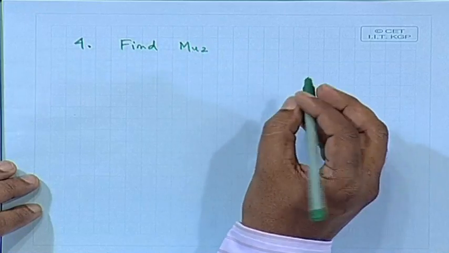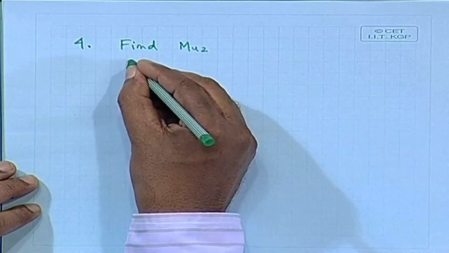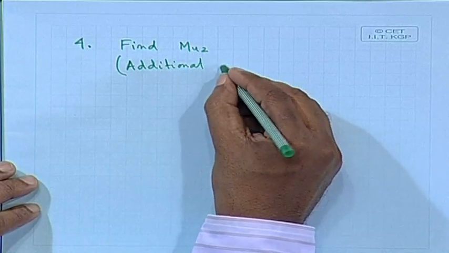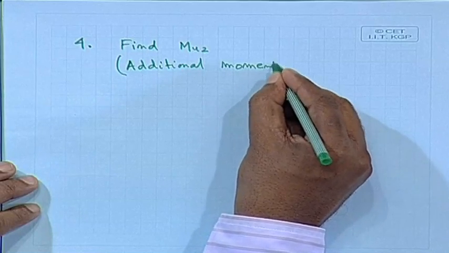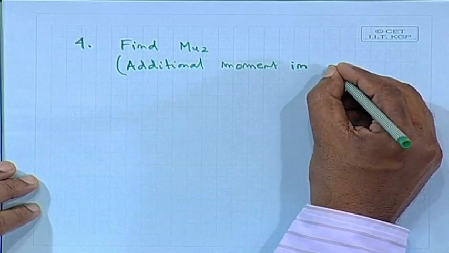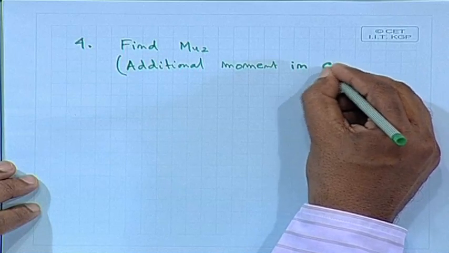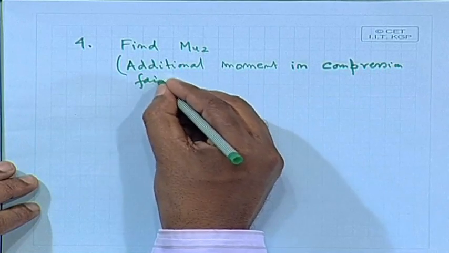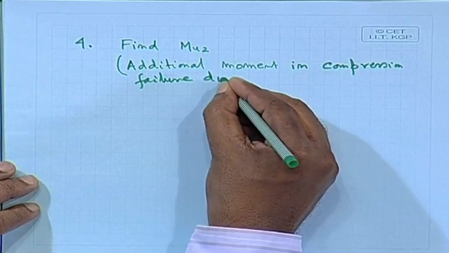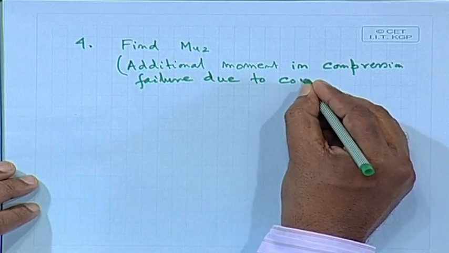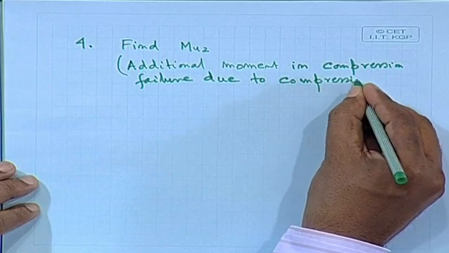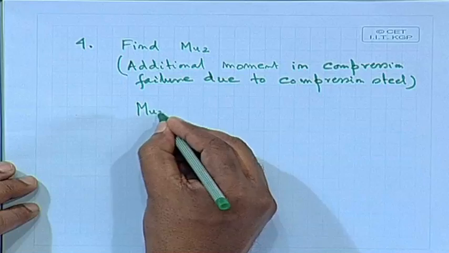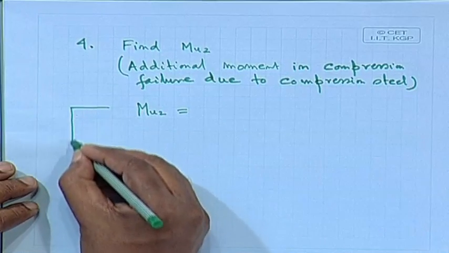Find Mu2, the additional moment in compression failure due to compression steel. Mu2 equal to, let me draw the figure.